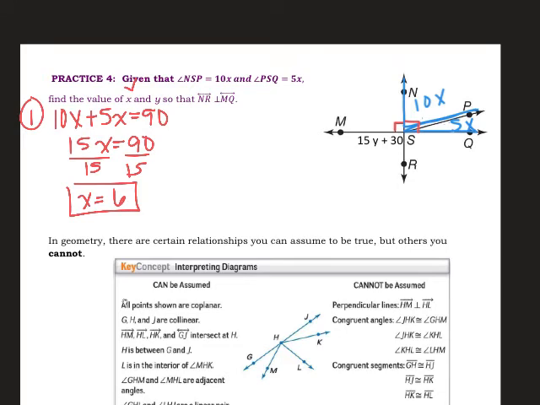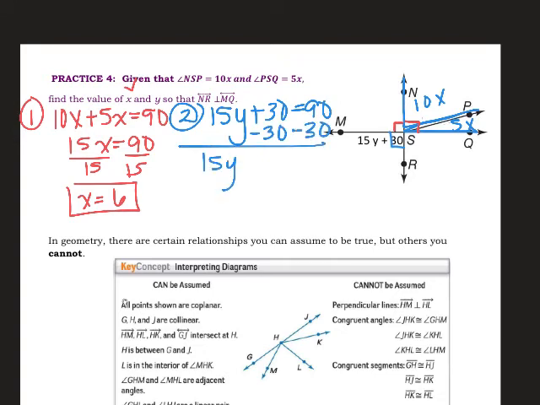All right, we found x. Now we have to find y, okay? So if there's a 90 degrees here, should there be one next to it down here? Yes, because remember, anytime two lines cross, technically there's 4. So for this one, I'm just going to write 15y plus 30 equals 90. Let's subtract the 30. 90 minus 30 is 60.